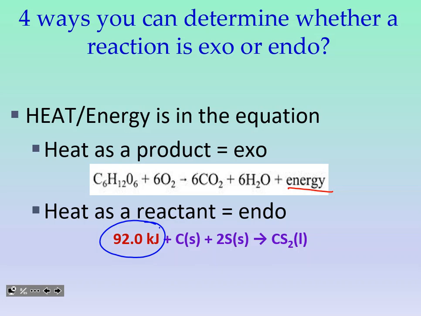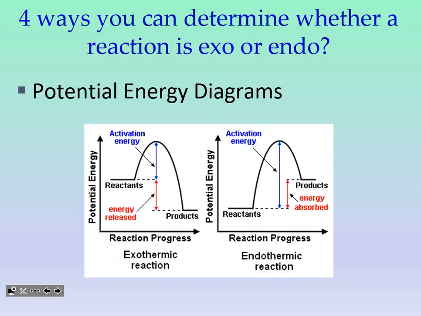The last one, you probably remember from before, but it's not as obvious because we haven't really done anything with it in this unit. They could give you an energy diagram. If they give you an energy diagram, you should be able to read it.